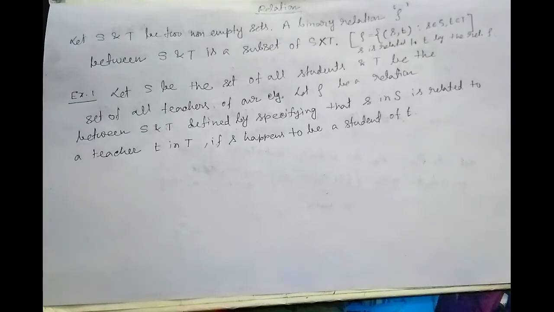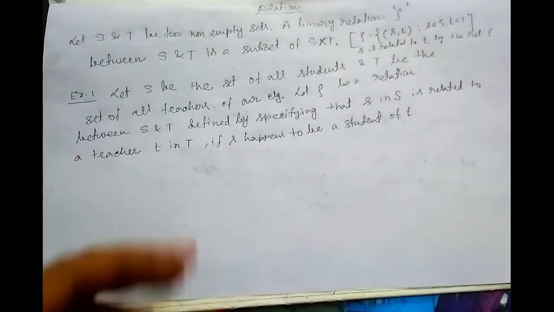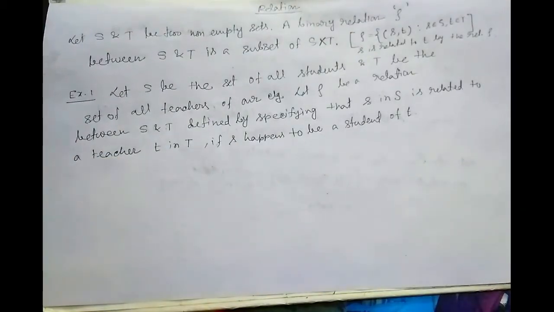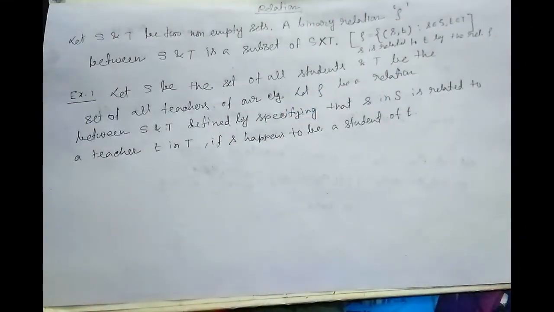Okay, this relation rho is usually a mathematical relation, okay, in our mathematics, but in the example 1 I will explain the relation by social relation. Okay, let's see. If s happens to be a student of t, then here the relation is the student teacher relation.